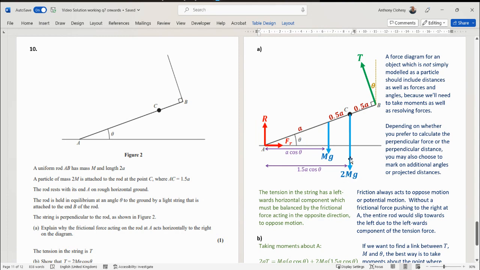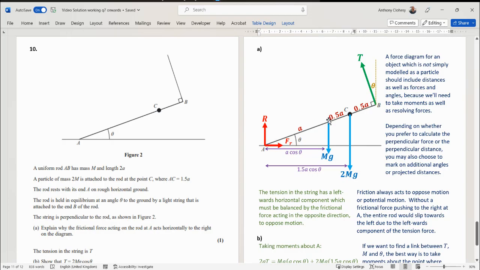Now, these other two forces, I've put some extra distances on as well. These distances are what I call projections, what mathematicians call projections. So if we project the distance A straight downwards, perpendicularly down through an angle of theta, we get A cos theta. You can even visualize the right angle triangle if you're a little rusty on this.